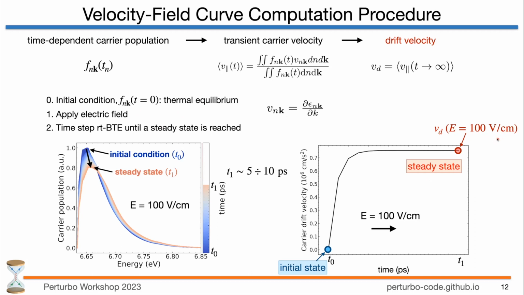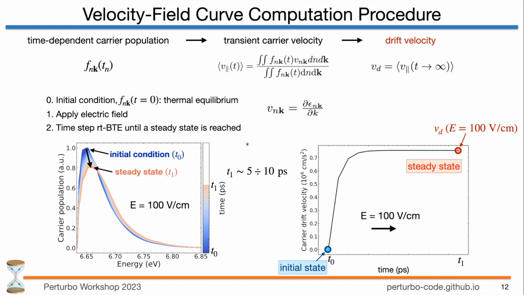Then once we have applied our electric field, we time step the Boltzmann transport equation until a steady state is reached. Here you can see this schematically. We plot the carrier population as a function of energy, and the color corresponds to the time of the simulation. We start with the initial condition in blue, and then our electrons evolve and relax towards a new steady state at T1 in pink.